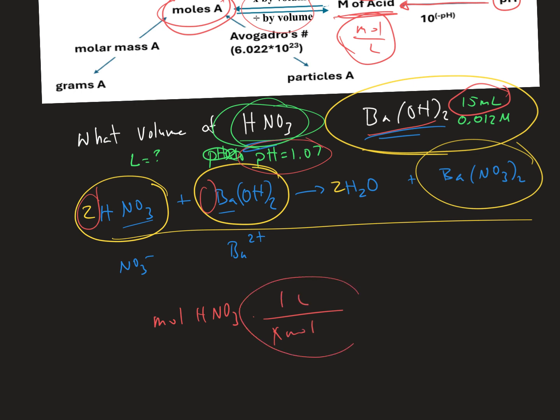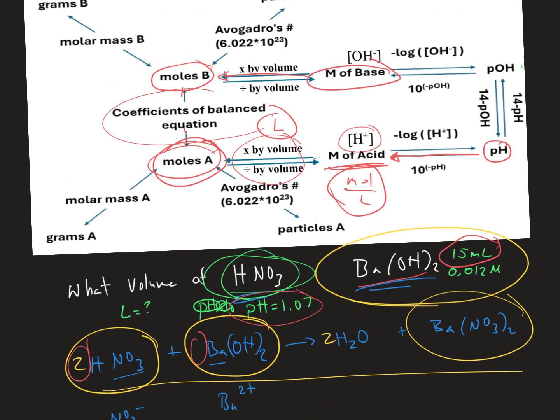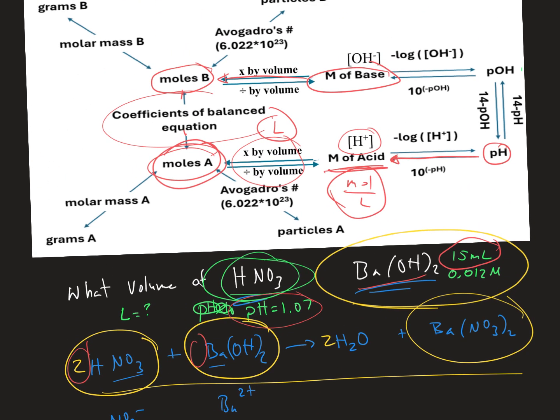This is my molarity. Are you with me? Yep. So yeah, that's kind of a big problem, isn't it? We have to start here and go this way until we get to here. Start this way and go this way until we get to here. And then we can kind of put that together to get liters.